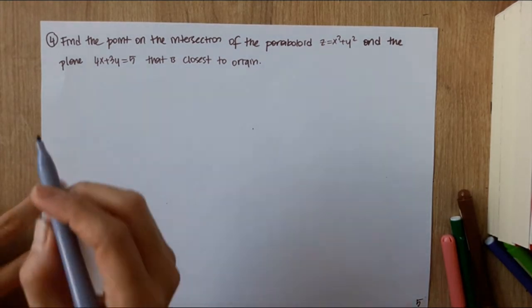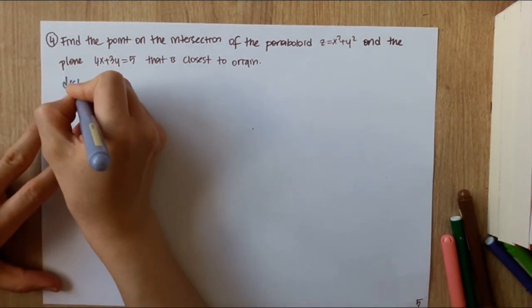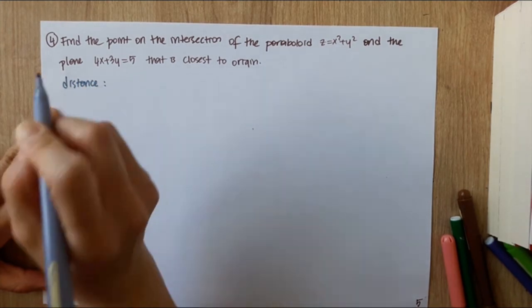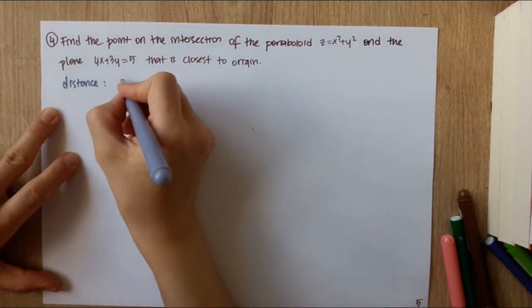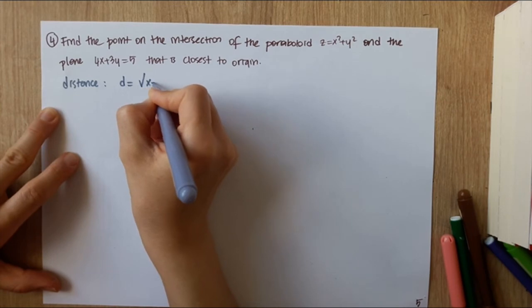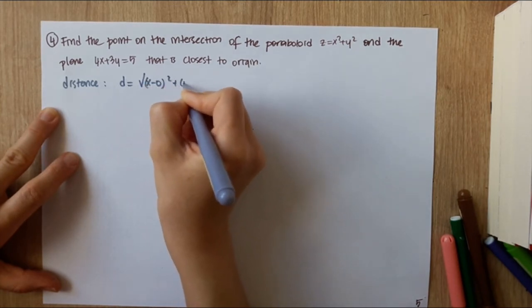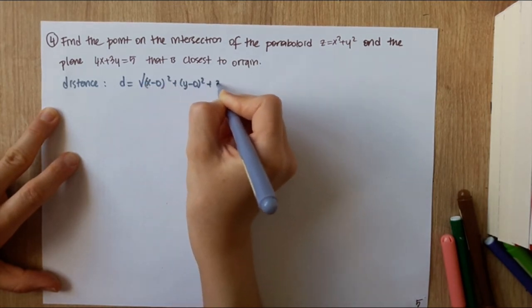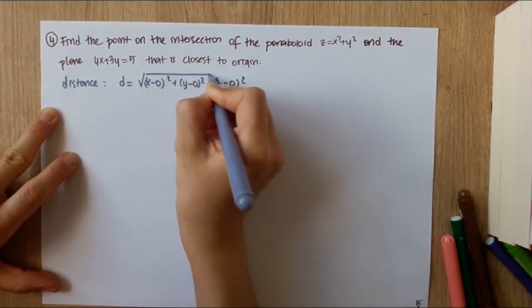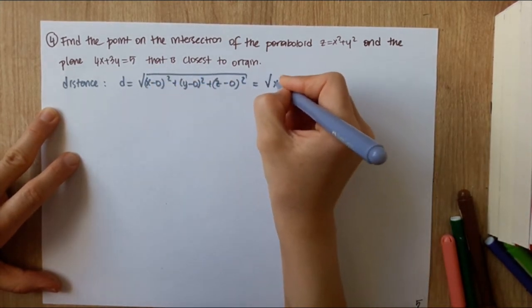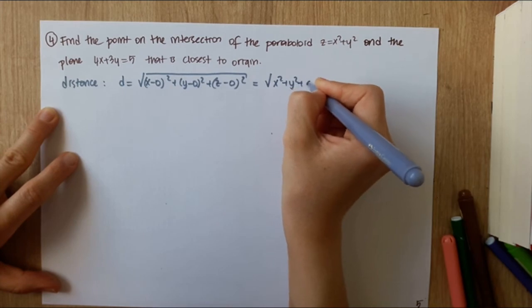So first of all, I will write the distance from a point to the origin: the square root of x minus 0 squared plus y minus 0 squared plus z minus 0 squared, right? So I have the square root of x squared plus y squared plus z squared.